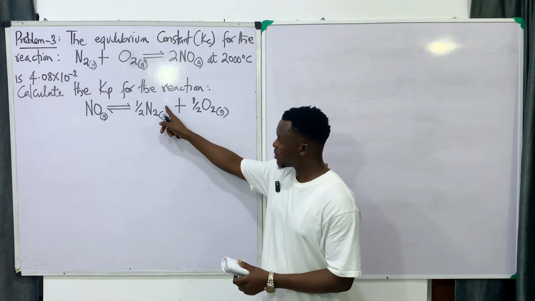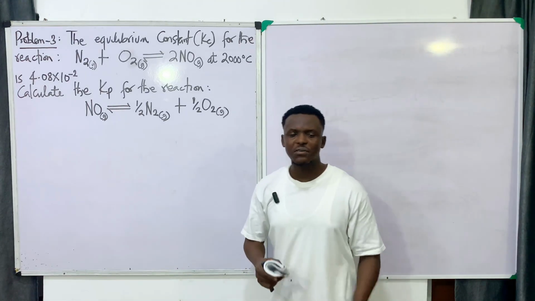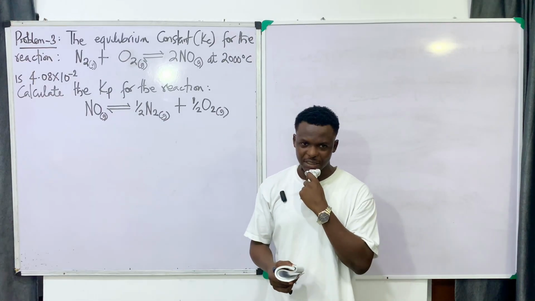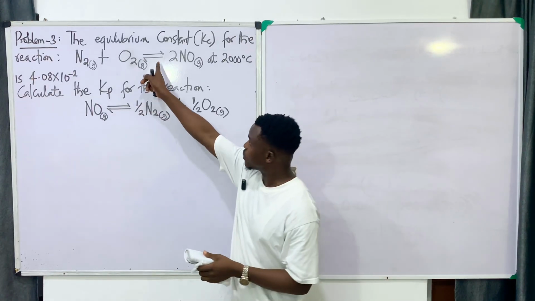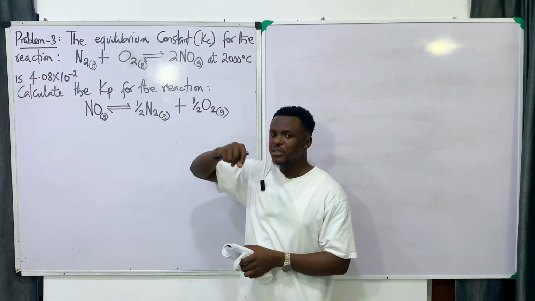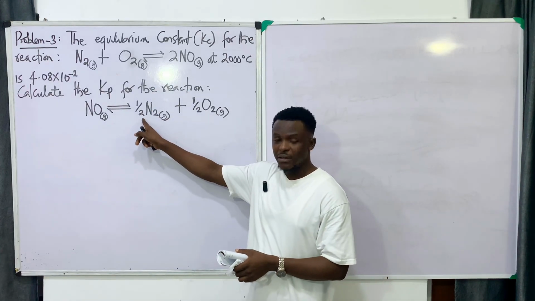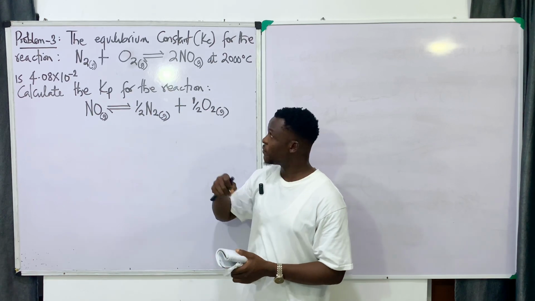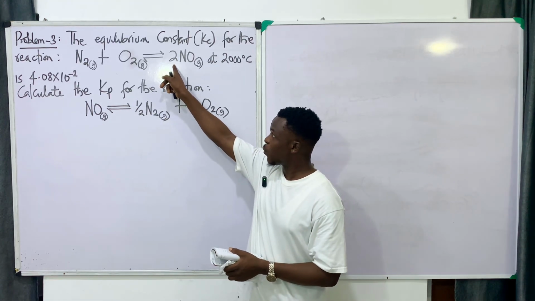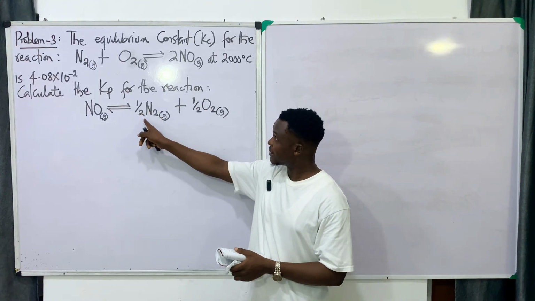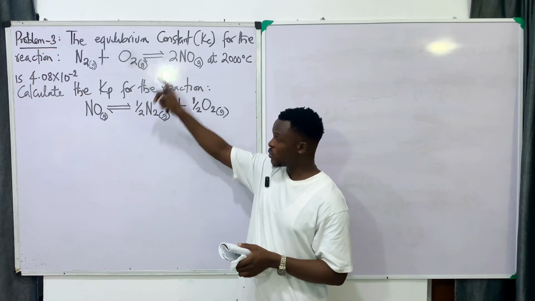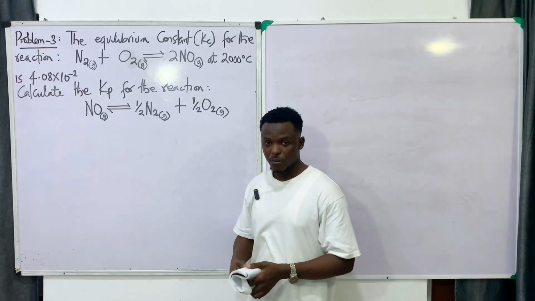Once I've gotten the Kc of this reaction, I can now start solving for the Kp of the reaction. Do you understand what I just said now? This equation that we are given the Kc for is not the one we are asked to find the Kp for, right? But they contain the same chemical species. So first of all, I will have to reverse this equation to make it look like this, and then multiply it by half so that I can get this one and get the equilibrium constant.